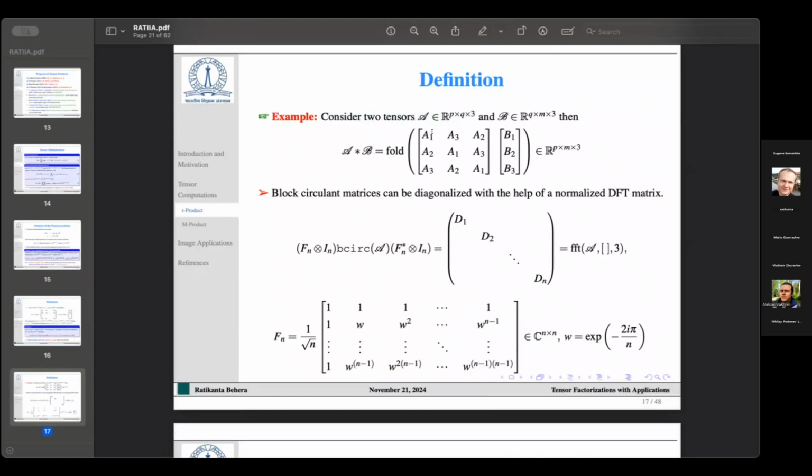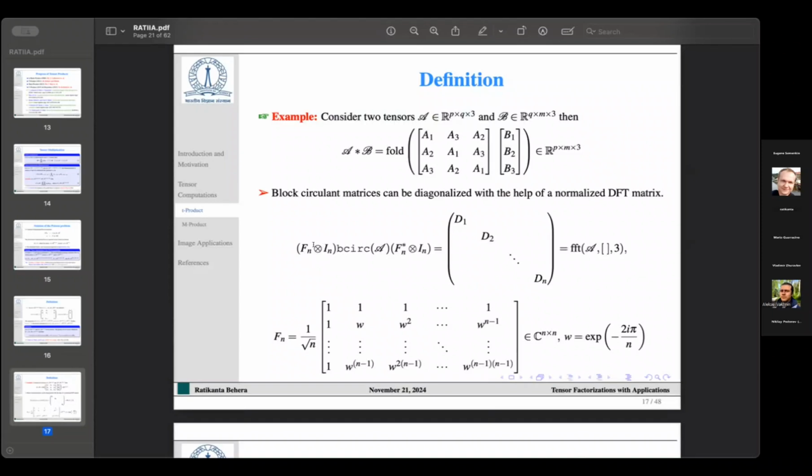The beautiful property comes from the block circulant matrix. Because you know that a block circulant matrix can be diagonalized with the help of the normalized DFT, discrete Fourier transform matrix. Let's say Fn is the DFT matrix, normalized by 1 over square root of n, and In is the identity matrix of size n.